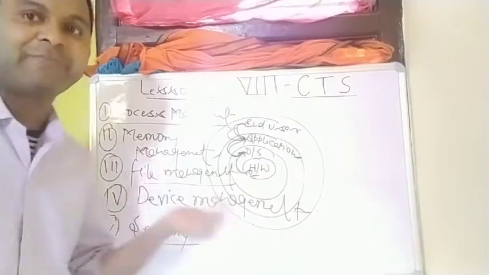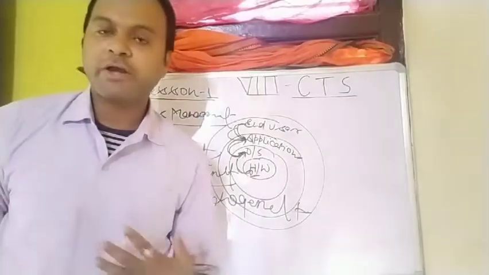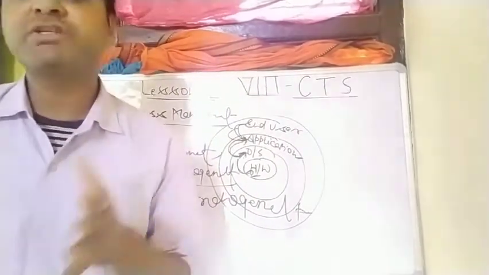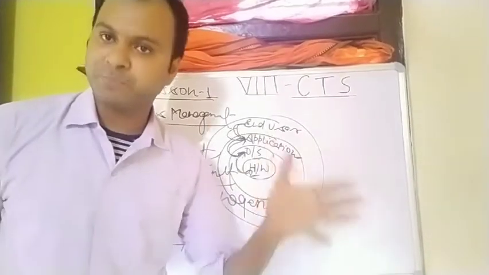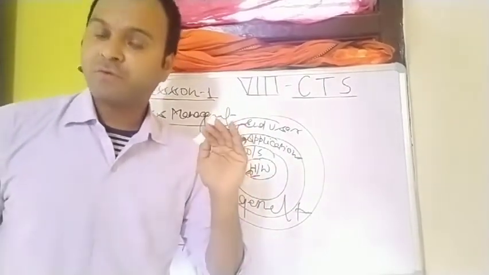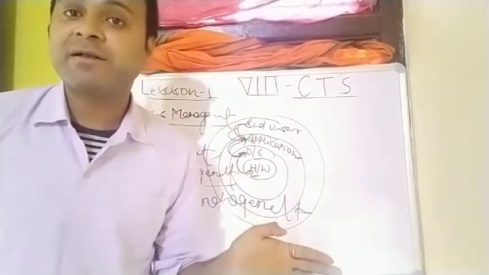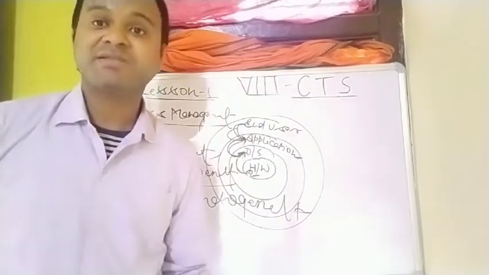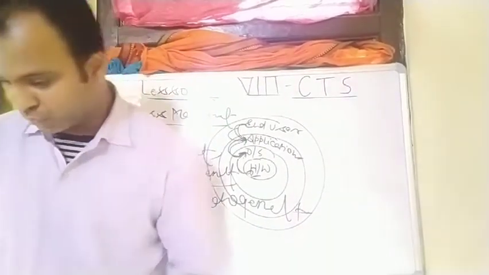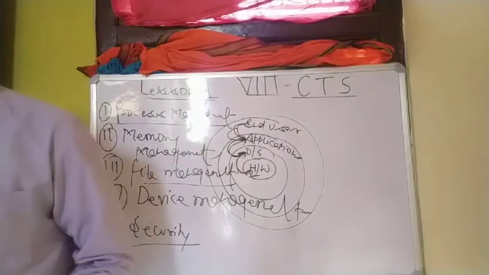It provides inbuilt features by which a user can secure different files and folders in the computer system against unauthorized access by somebody else. So this is security and protection.